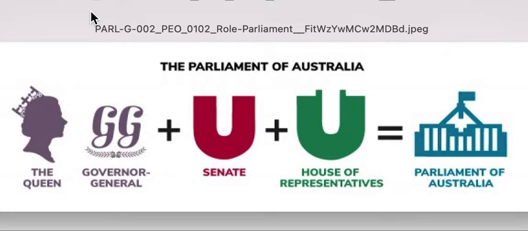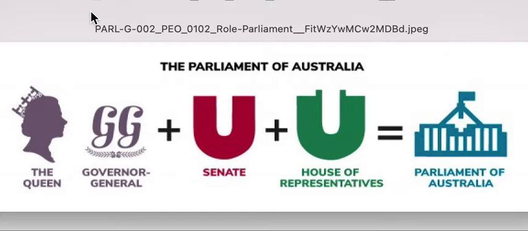Some students get confused between the Parliament and the government, and it's easy to understand and easy to remember which is which. We have an election coming up in May 2022, a federal election. The current government at the time of this video is headed up by a coalition government.